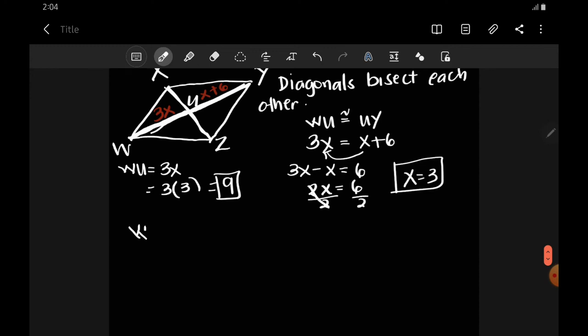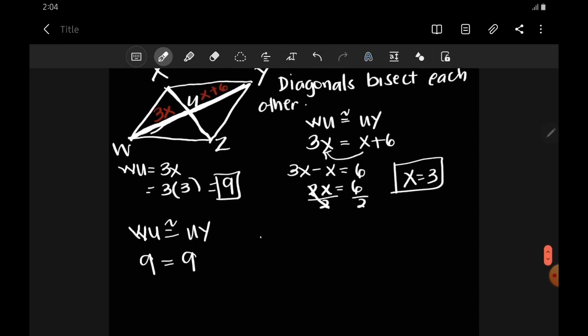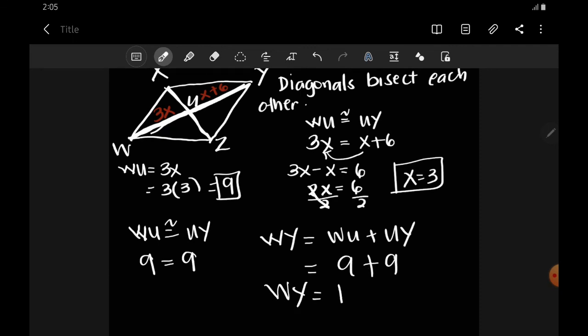So since WU is congruent to UY, meaning WU, which is 9, is also the value of UY, which is 9. WY is just the whole of WU plus UY. So let us just add WU and UY. So we're going to have 9 plus 9. So WY is 18.